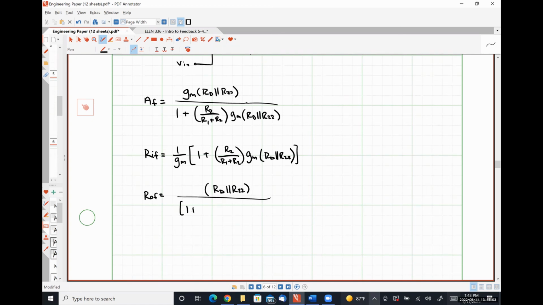And here we have 1 plus R2 over R1 plus R2 times GM times RD in parallel with R22. And close this bracket. We now know how our closed loop amplifier behaves based on our knowledge of how the open loop amplifier works.